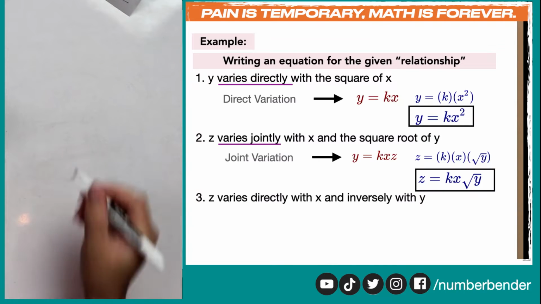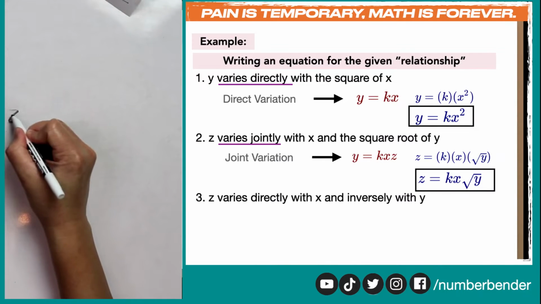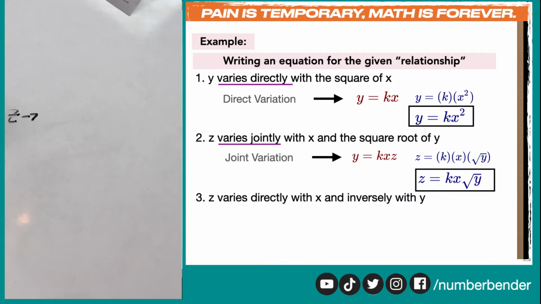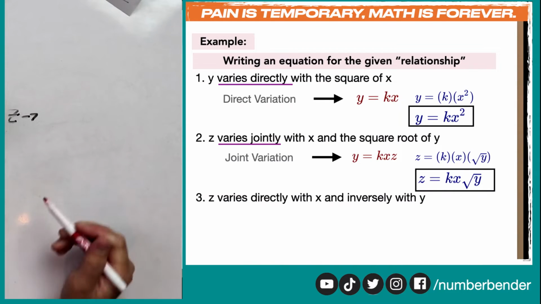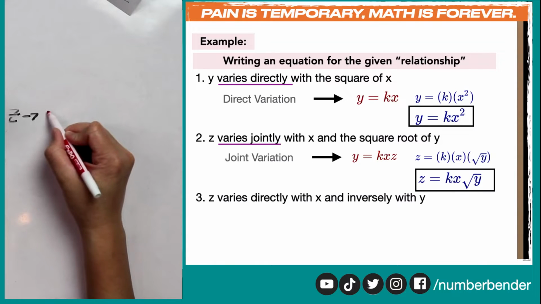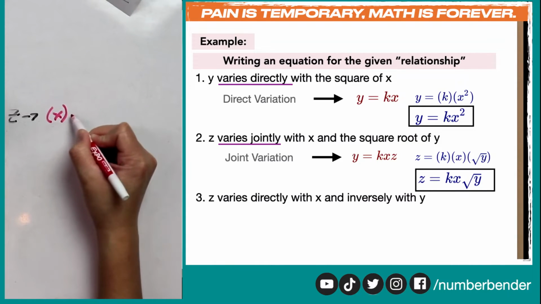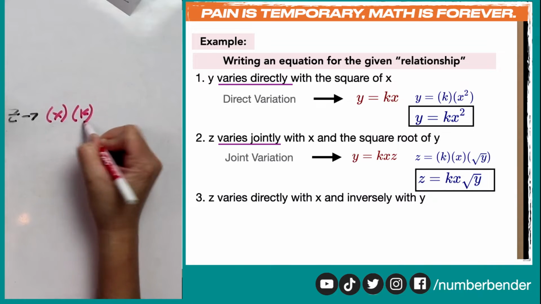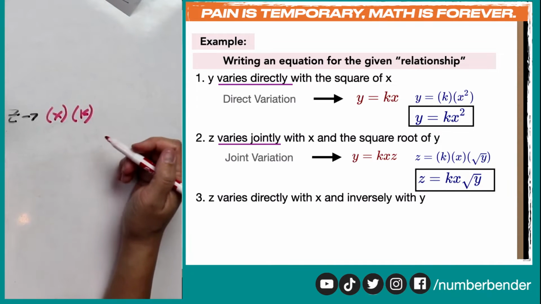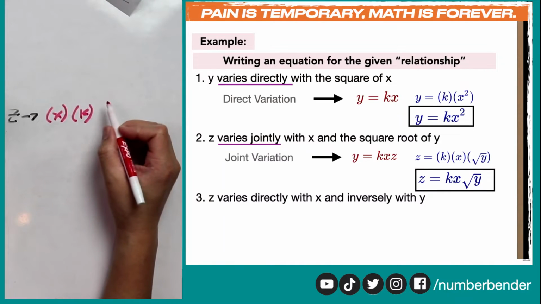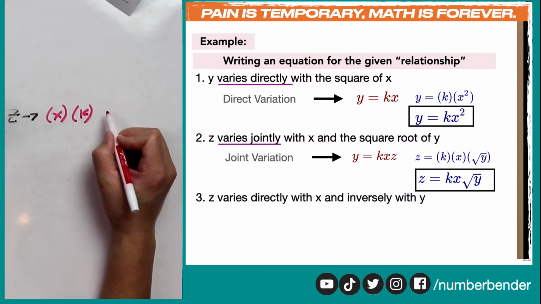So we are using z as our output, and it says here that z varies directly with x. So that means we have x, and we also have the constant k to build this type of relationship. And at the same time, it's inversely related with y.